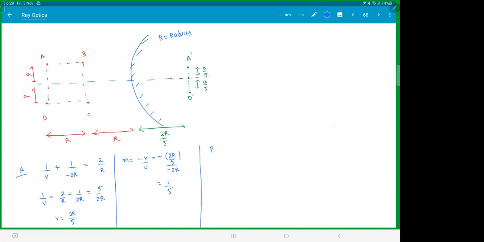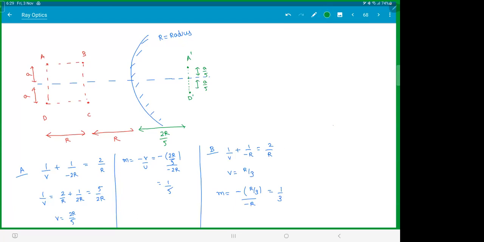Now for B, 1 by V plus 1 by minus R is 2 by R. So V is R by 3. So magnification will be minus R by 3 by minus R, which is 1 by 3.